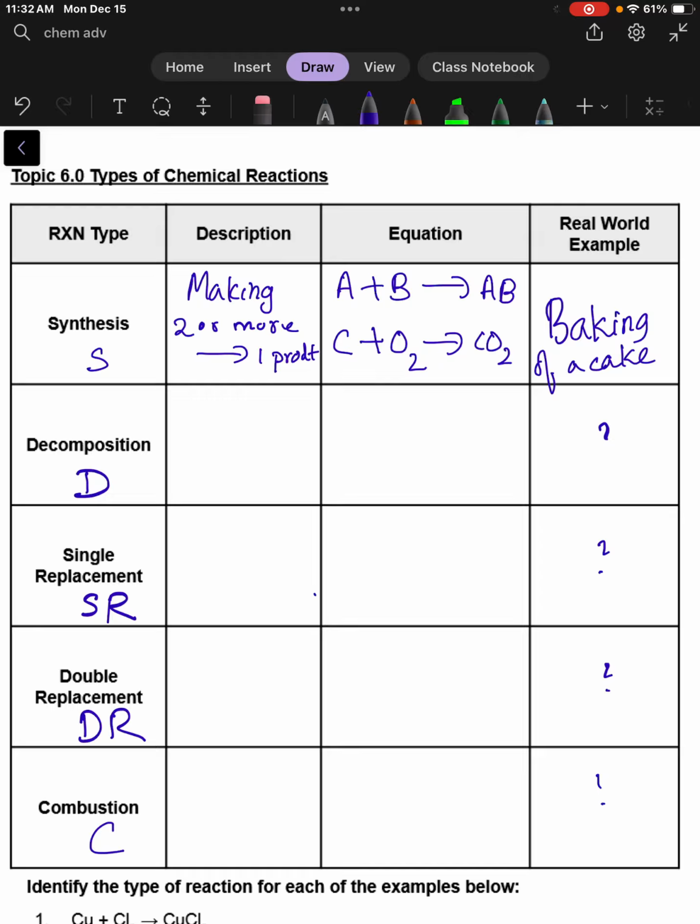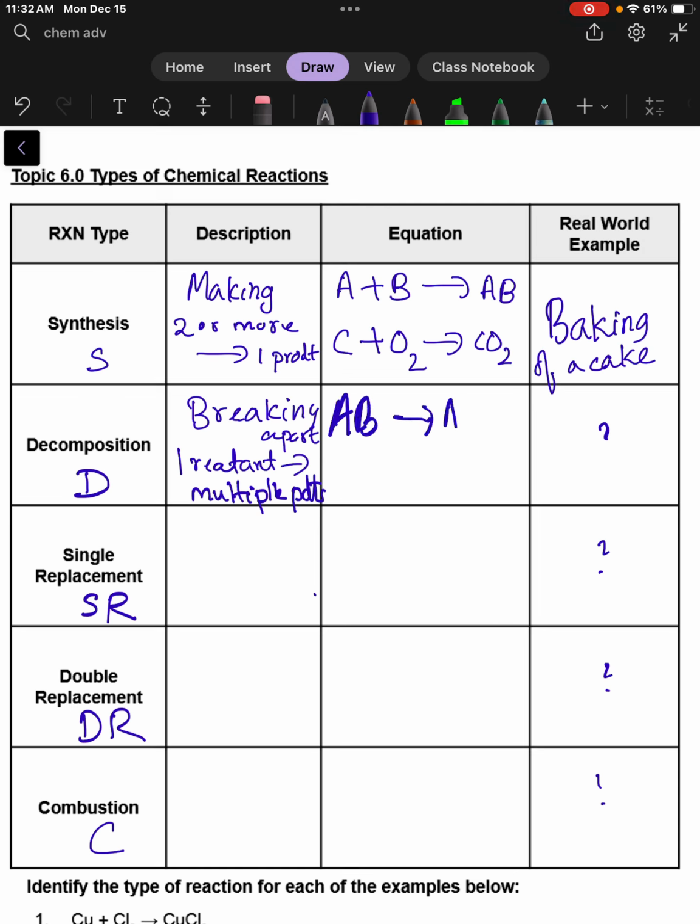Then decomposition is the opposite of synthesis, which is breaking apart. We will start with one reactant and you will get multiple products. I'm just using an abbreviation. Say for example, you start with AB, which is 1.